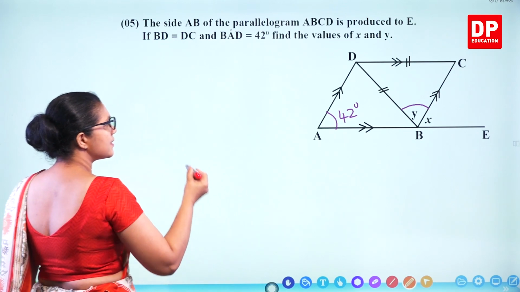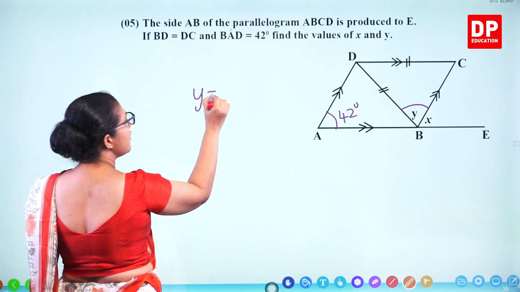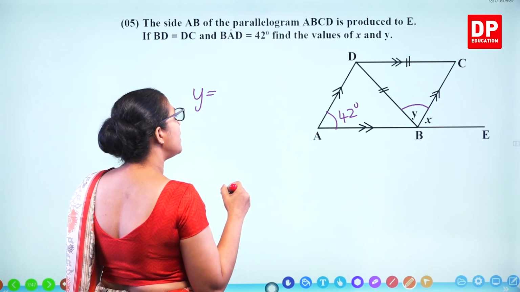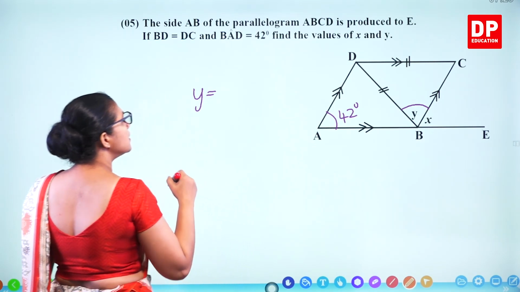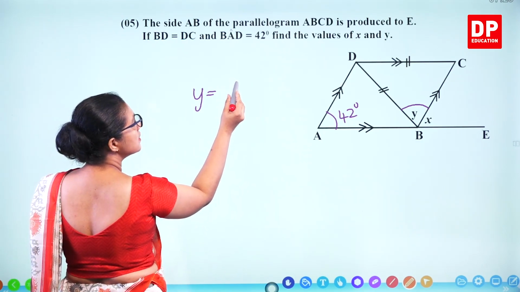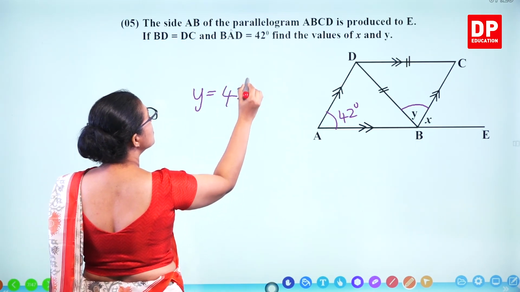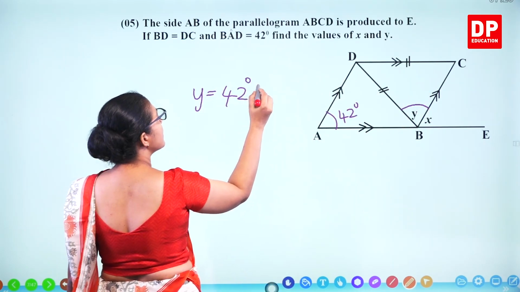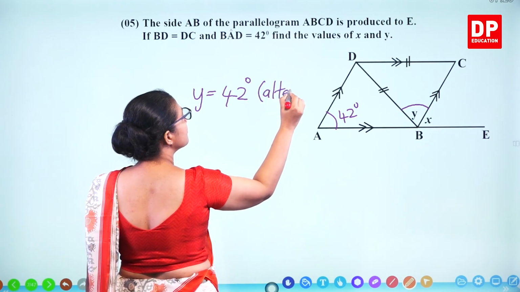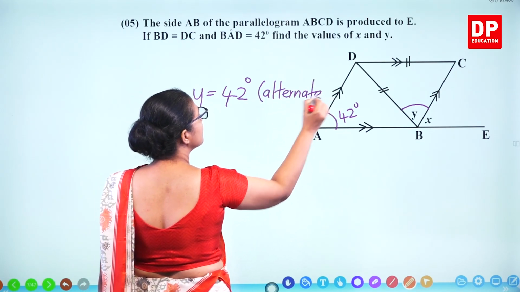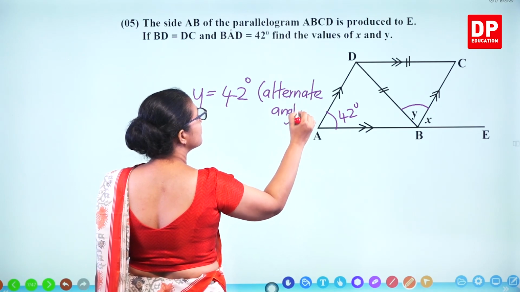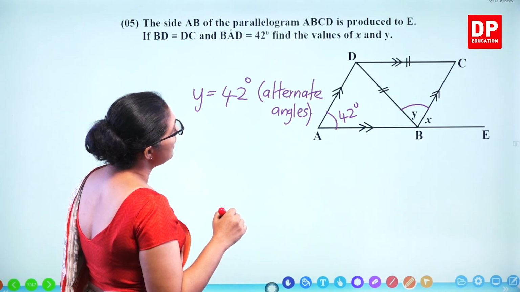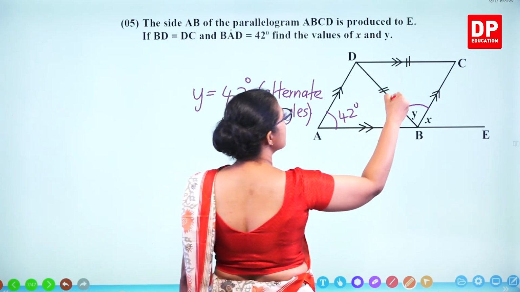Alternate angles. So straight away you can write y equals 42. Z angle means alternate angles. And you don't need actually these two lengths.